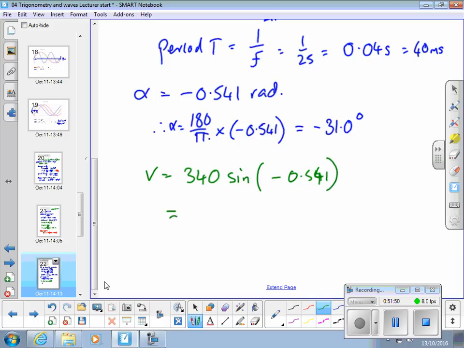Plug that in the calculator. Answer is negative 175.1 volts. Yep, I agree with it. Everyone else agree with that?